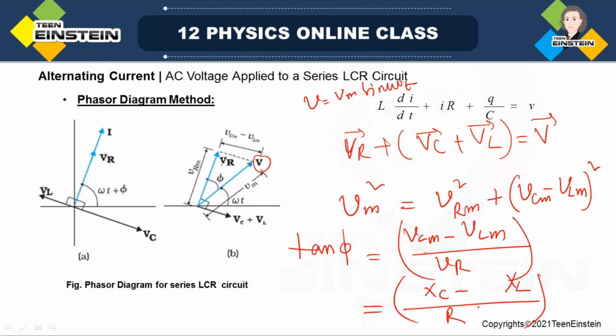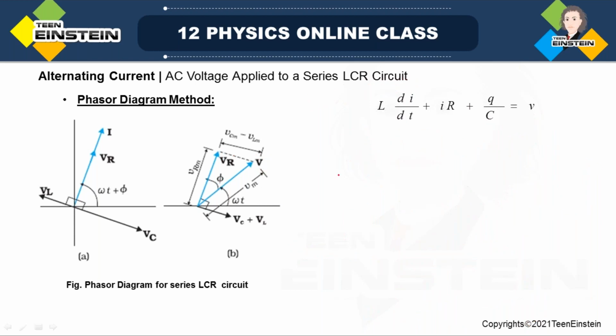Now what we'll do is, we'll try to write from here. We'll just erase this part. So what we have got from this vector addition is Vrm square plus Vcm minus Vlm whole square.